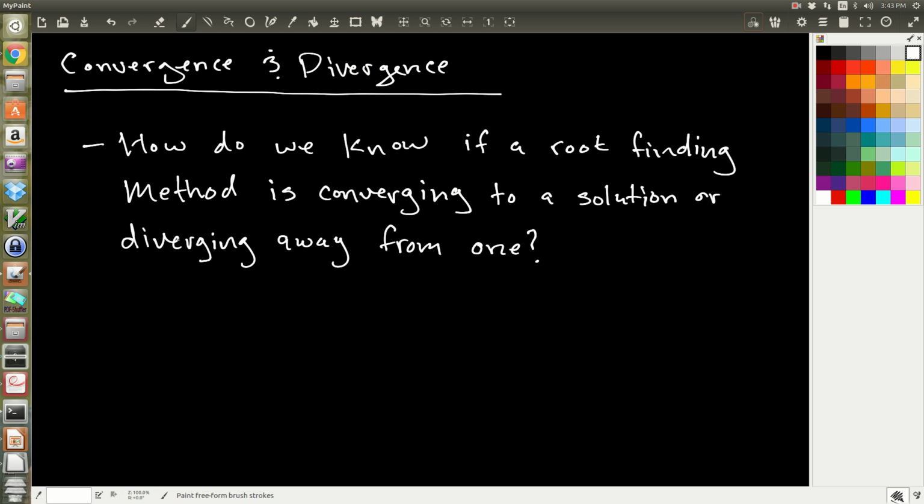Alright, in this video I'm going to be talking about detecting convergence or divergence when using a root finding method. So the root finding methods that we've talked about so far are bracketing methods and open methods. These are kind of the two classes of root finding methods.